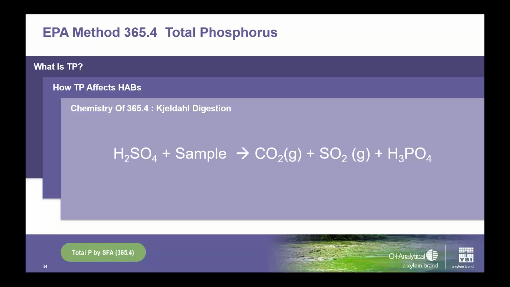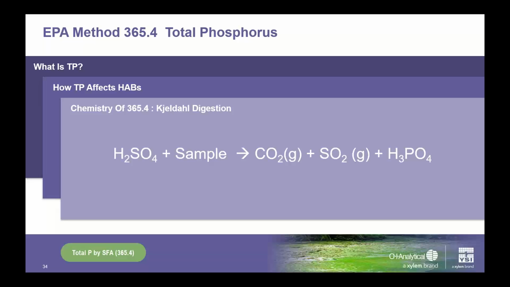So let's look at the segmented flow analysis that we've developed for measuring phosphorus. Again, the green button on this slide will take you directly to our abstract for this method, but it begins exactly the same way that the TKN method began, where you're doing a sulfuric acid digestion.